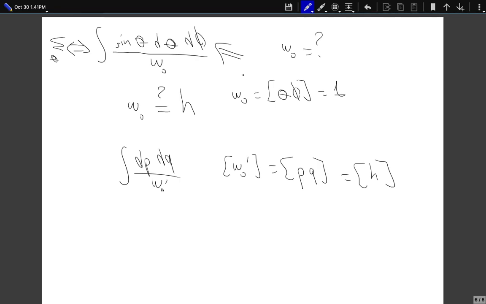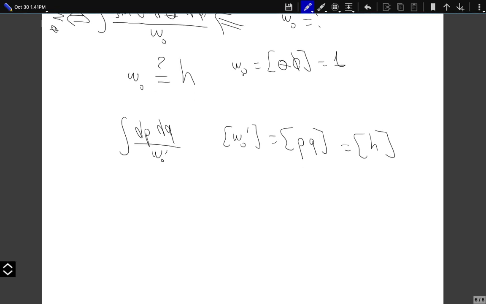It's just a physical space. There are no momenta over there. It's not a phase space integral. So even talking about omega 0 in that space doesn't really make too much sense. What should be the corresponding phase space integral? You should add the corresponding momenta. And this should probably be h squared.